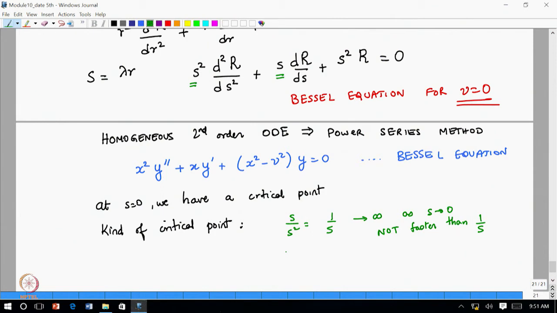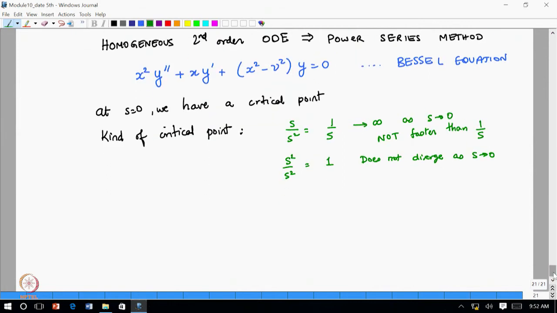Similarly, the other term, okay. So, if you look at s square by s square, okay, equal to 1, okay, this does not diverge as s tends to 0.